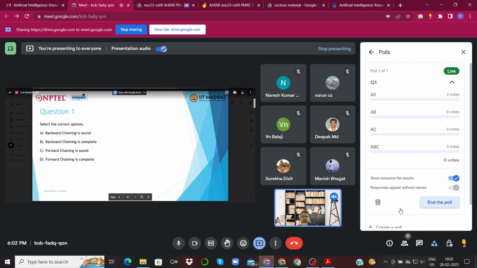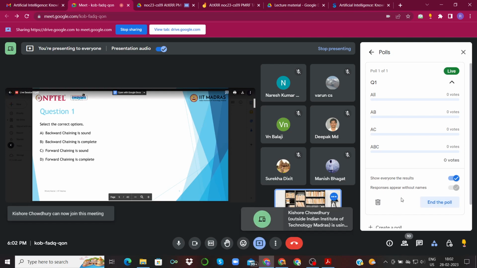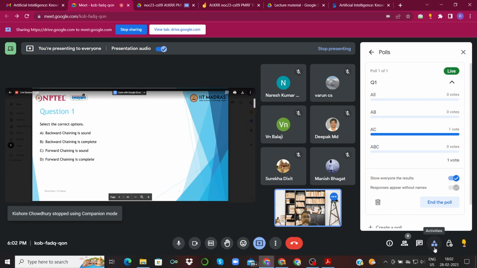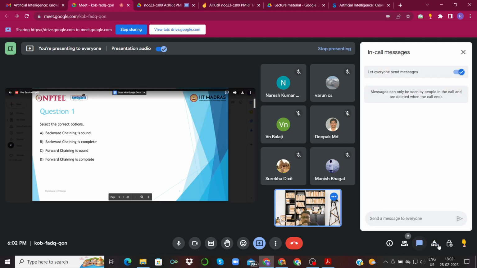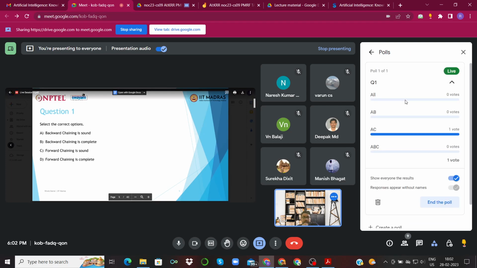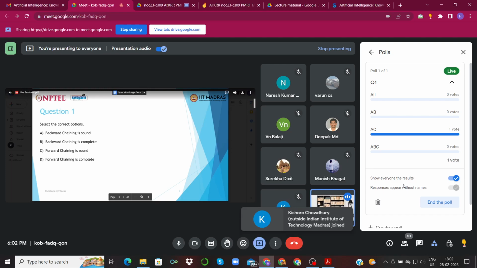I've launched the poll already. Those who are new, if you go to the bottom right corner, you'll see an option for activities and there you can cast your votes. We have one vote for AC already. Does everyone agree that options A and C are correct, or are there any differing opinions?